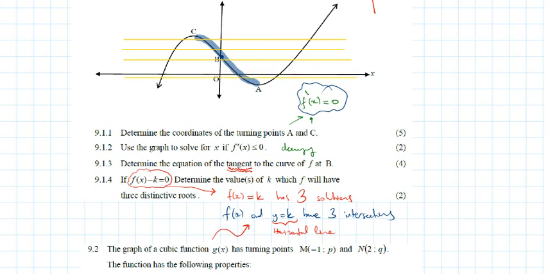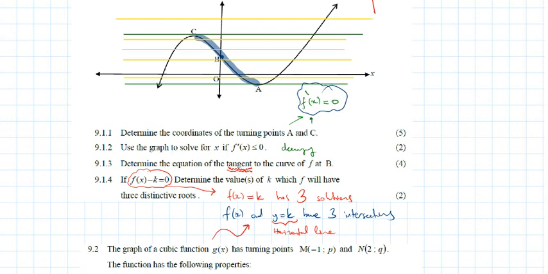So when it is at a turning point, then it touches exactly twice. So like at C or at B, it touches twice. And above that line, above C, only one intersection. Below A, only one intersection. So that's the idea. I am looking for the intervals between y coordinates of the turning points.